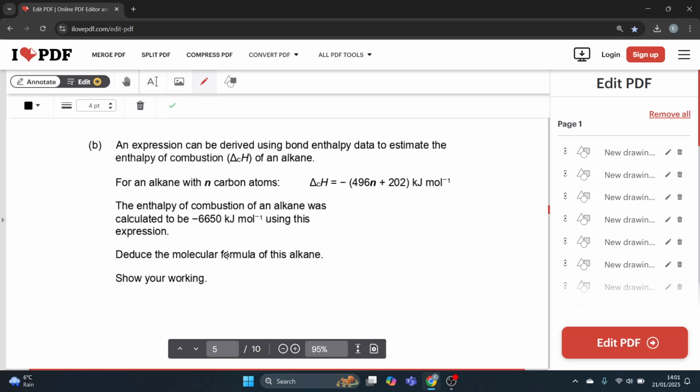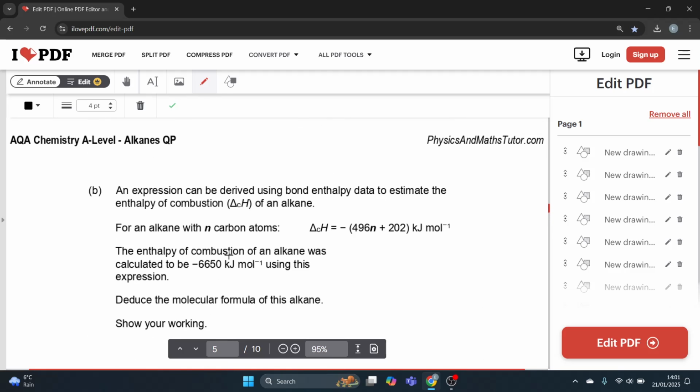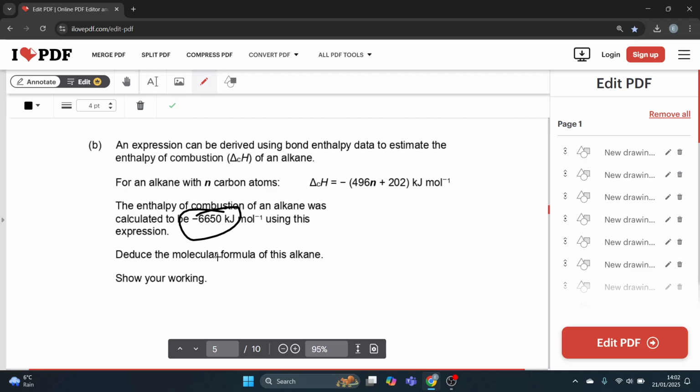Part B says deduce the molecular formula of this alkane. And it says an expression can be derived using bond enthalpy data to estimate the enthalpy of combustion of an alkane, where it's equal to that. The enthalpy of combustion of the alkane was calculated to be this. Using this expression to deduce the molecular formula of the alkane. So what I think we have to do is just let this minus 496n plus 202, minus the brackets and outside, equal to minus 6650.